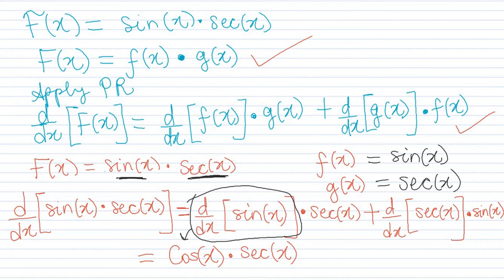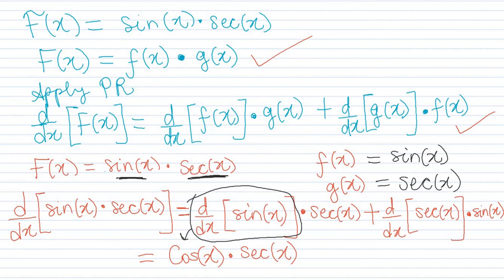The product rule does not require us to do the derivative of the first subfunction multiplied by the derivative of the second subfunction. No, it is the derivative of the first subfunction multiplied by just the second subfunction, plus the derivative of the second subfunction multiplied by just the first subfunction, nothing else.